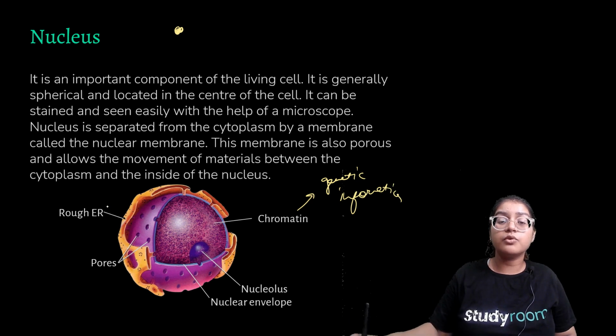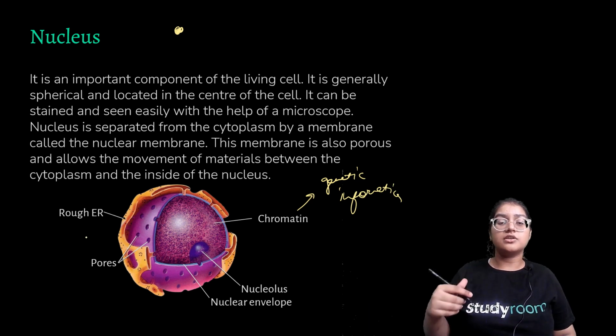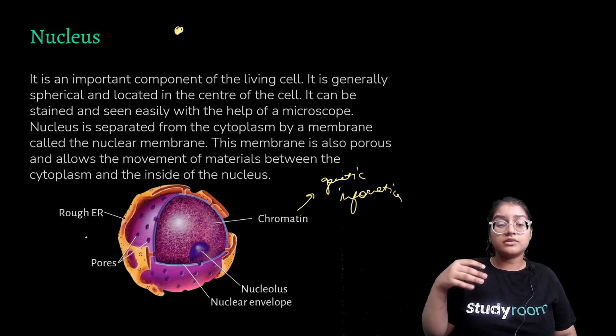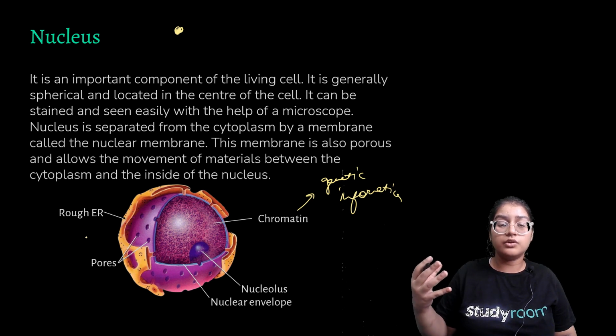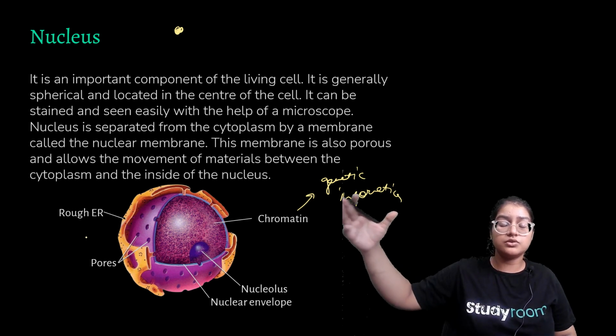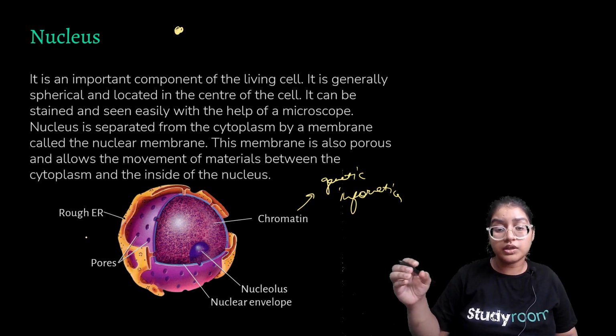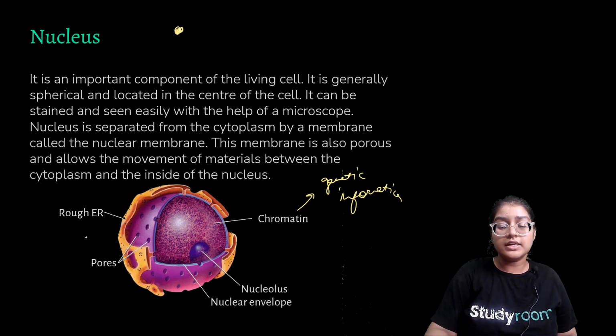And we have certain pores over our nuclear envelope because DNA has to transfer the information outside, so it has to emerge out of the nucleus to pass from one cell to another. So it's important that it has certain pores over it. So this was about the nucleus.